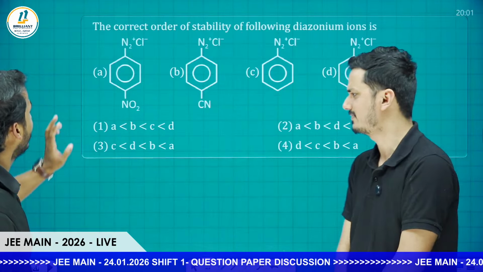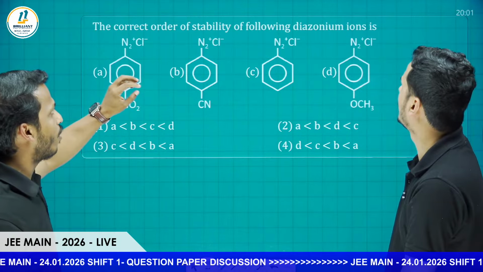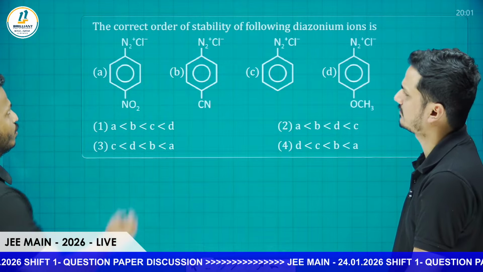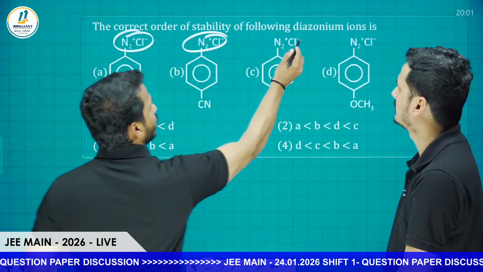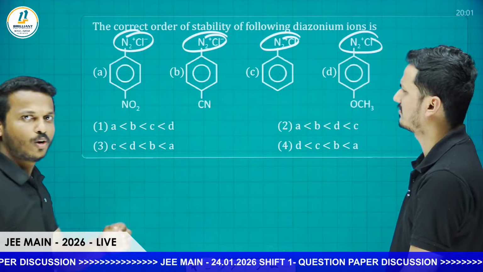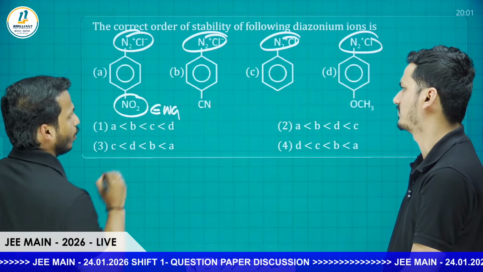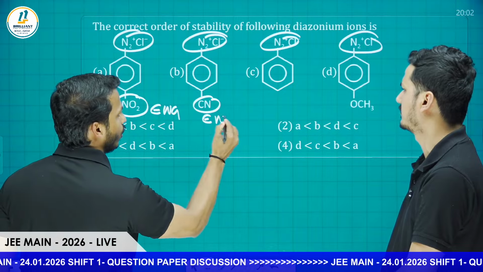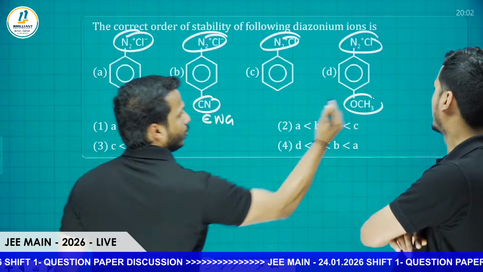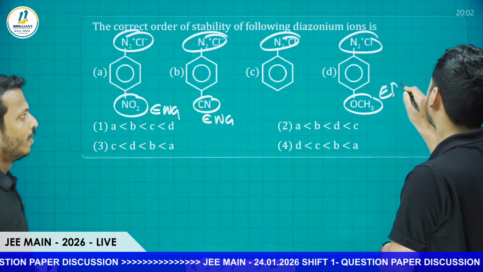Next question: the correct order of stability of the following diazonium ions. It is based on EDG and EWG. Nitro, NO2, is the strongest electron withdrawing group, cyanide is also a withdrawing group, and OCH3 is a donating group.